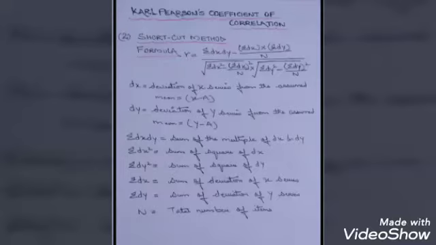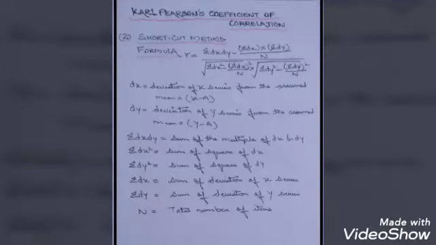Then with the help of that assumed mean of both the series, that is of x and y, the deviations of the values of the individual variables, that is dx and dy, have to be calculated. Then you have to remember that sigma dx and sigma dy are found by adding the deviations.